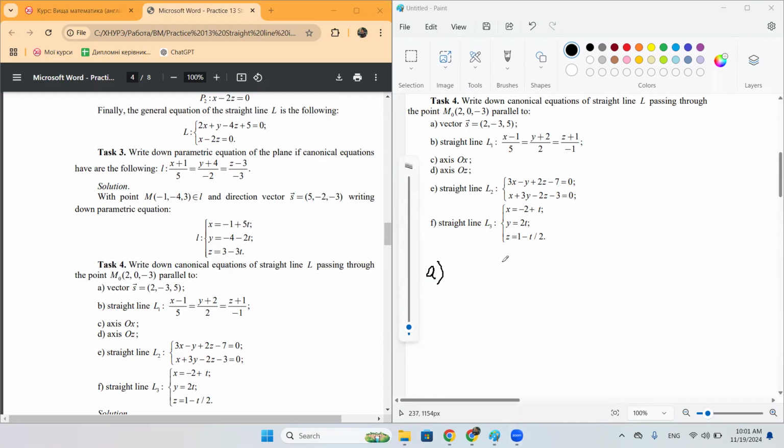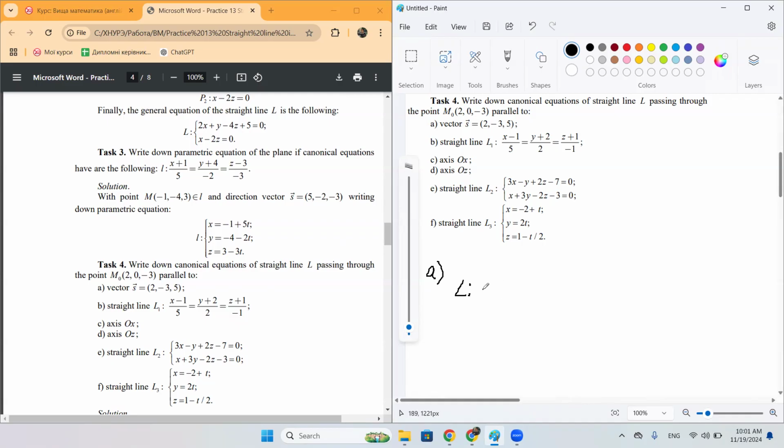Okay, so as this straight line is parallel to vector s, it means that vector s can be taken as the direction vector of this straight line.